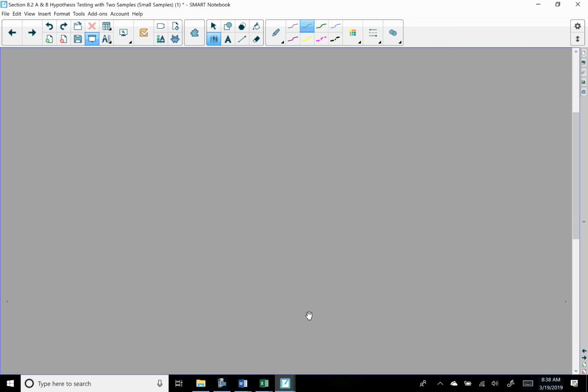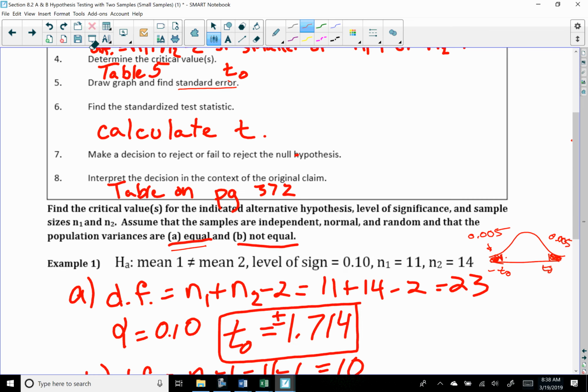And what you can do is, right now you might want to try it in your calculator, inverse T, INVT, type in that area, 0.005, and I believe the degrees of freedom that it wants you to plug in would be 23. And tell me, does it give you negative 1.714? No? All right, so my bad.